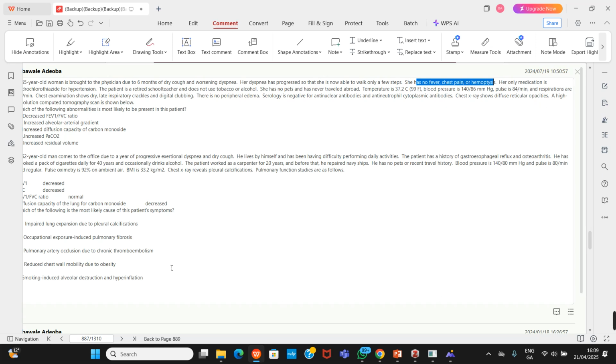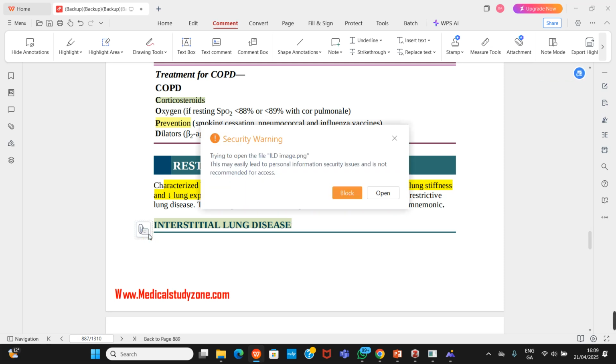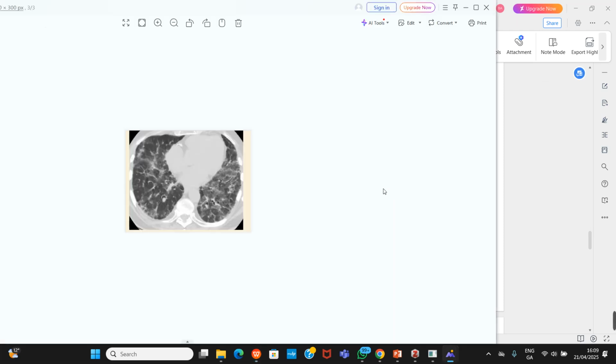Increased alveolar-arterial gradient. Okay, I'm coming on. So sorry. I think I have it. Just to show us. Yeah. So this is the honeycomb appearance of the ILD.